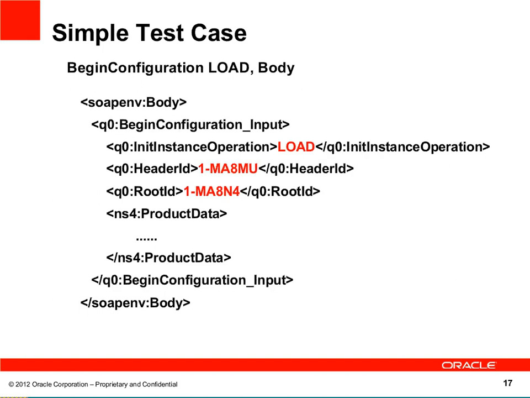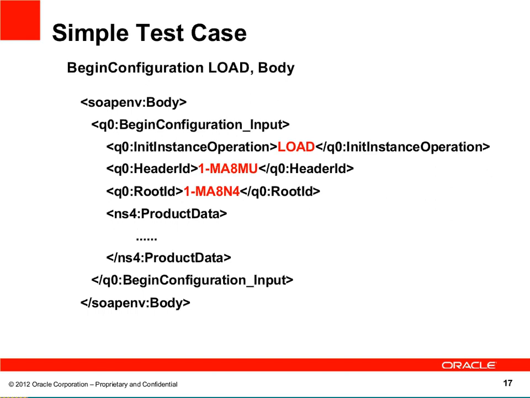And now the begin configuration load body. This is the part after the header. Here we have the begin configuration input, closed by the end tag. And here we have the basic data to specify what should happen where. We specify the init instance operation, load.